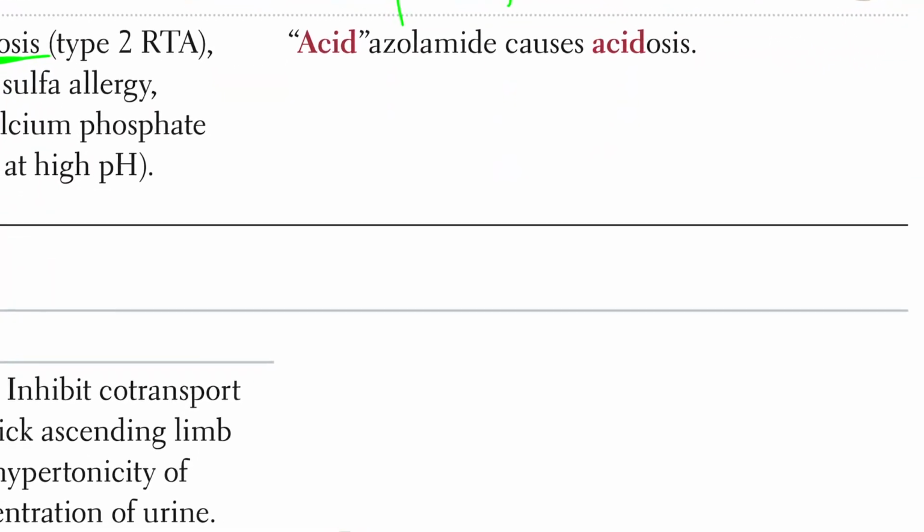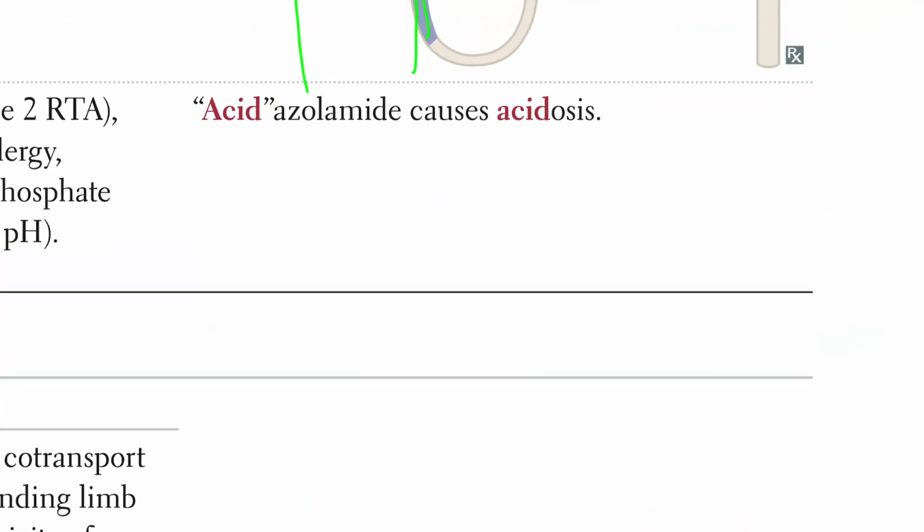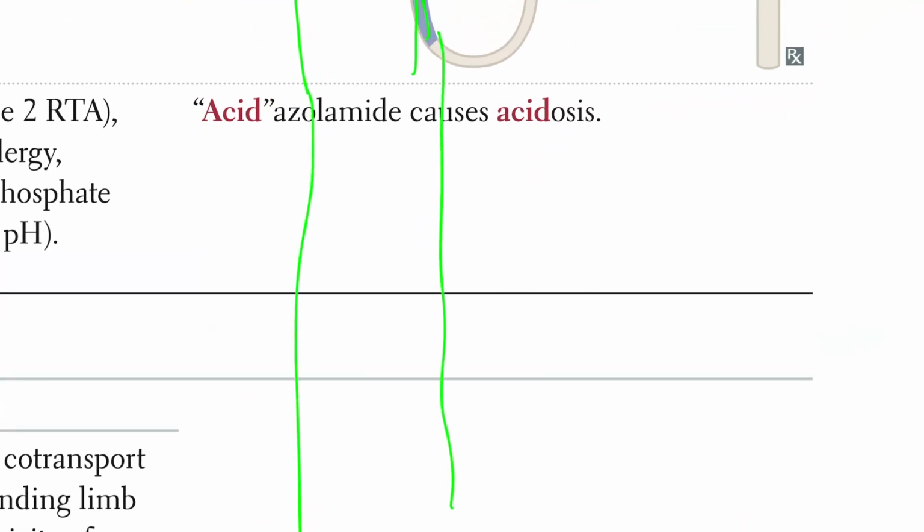So let's just have this here now. Normally we have the bicarb here in the urine. That bicarb gets a proton.